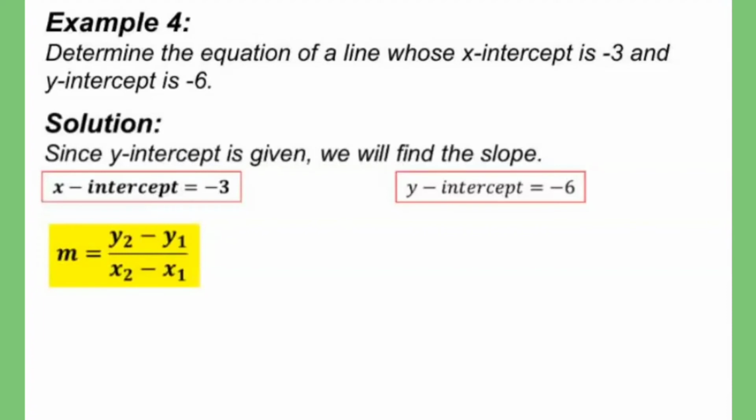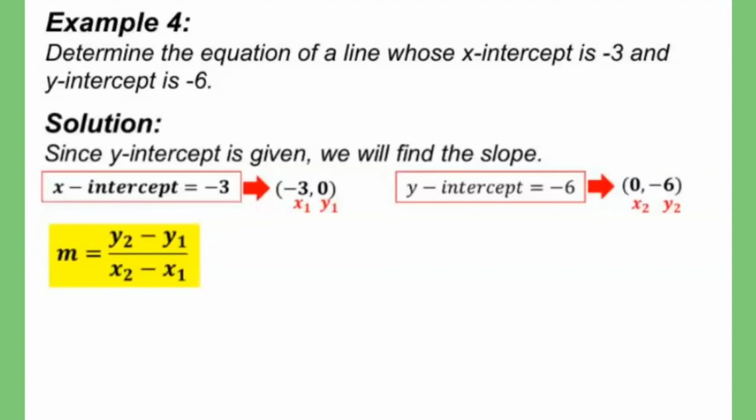From the x-intercept, which is equal to negative 3, we have the point negative 3, 0. And y-intercept equals negative 6, we have the point 0, negative 6. We now label the 2 points. X sub 1 would be negative 3, y sub 1 would be 0, x sub 2 would be 0, and y sub 2 would be negative 6.